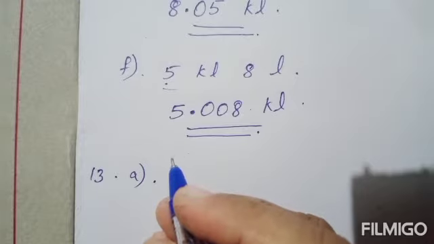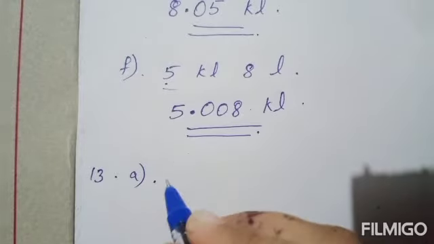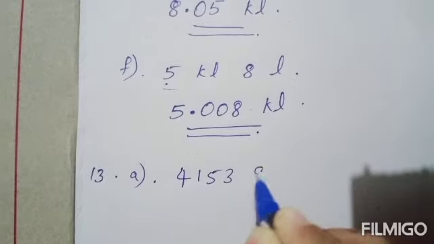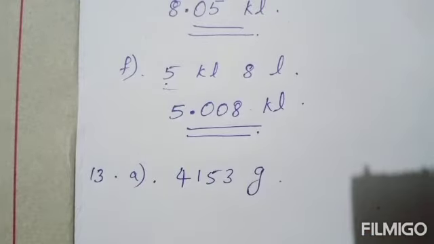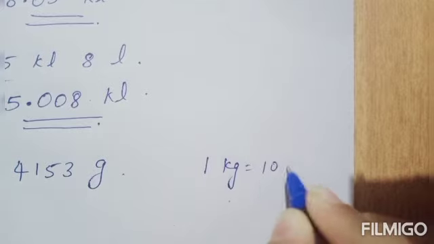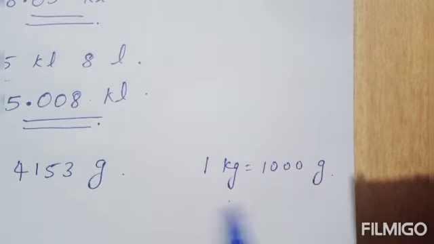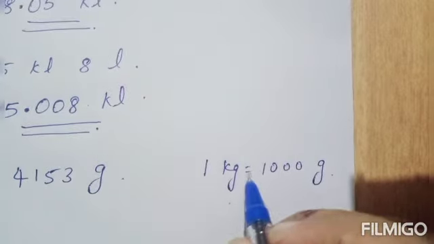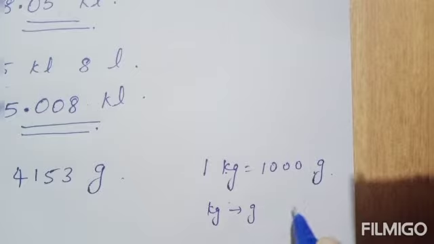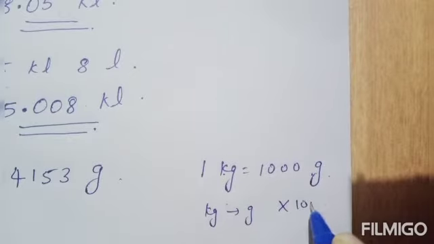Next, 13th question. Express in kilogram using decimal notation. In that A, 4153 gram. You have to express this gram in kilogram. You know one relation: 1 kilogram equals 1000 gram.